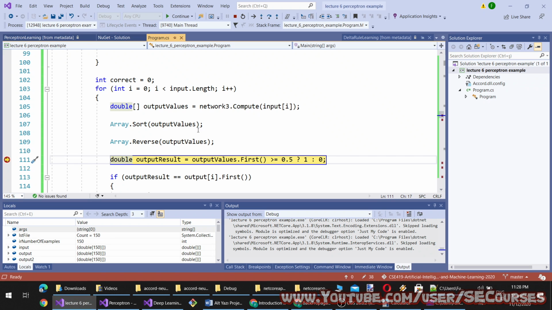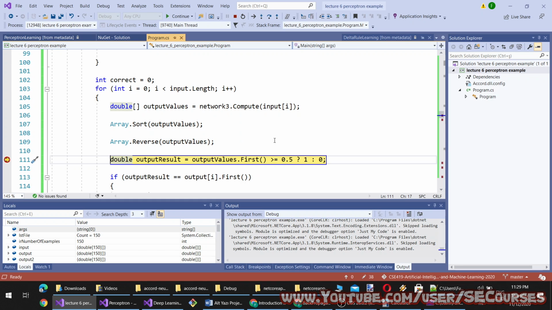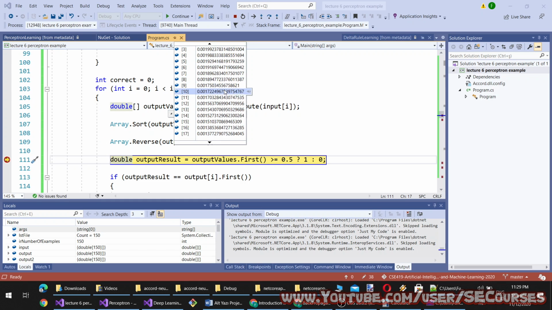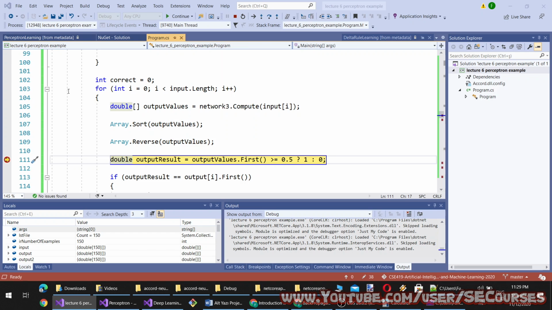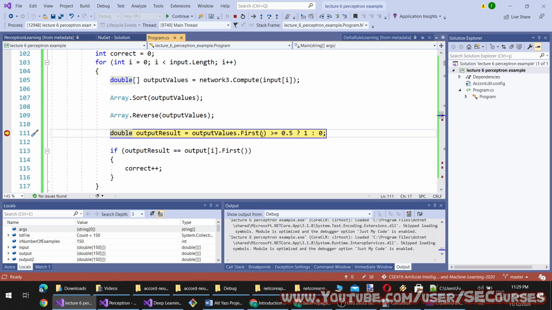Okay. So these are the output values. You see, it has only a single value that is bigger than 0.5. That means it is that class. Okay. Oh, by the way, when we sort it, we lose which class it is. Therefore, I cannot sort. I see.